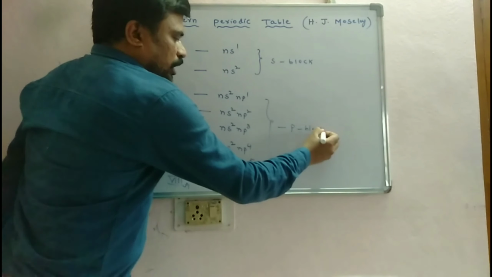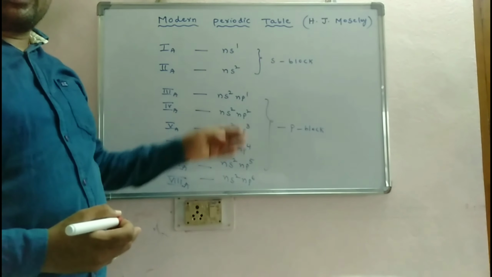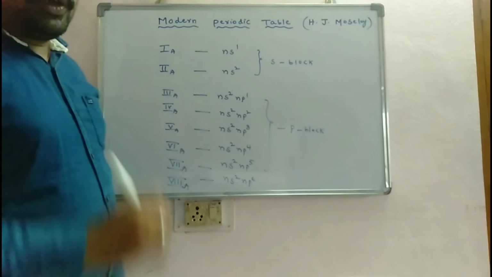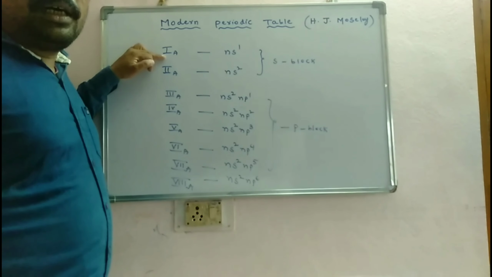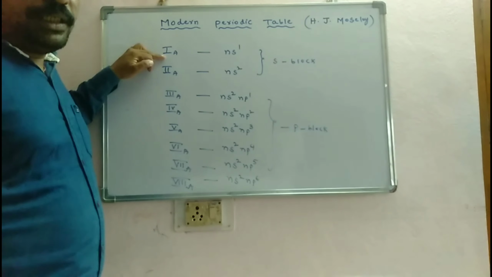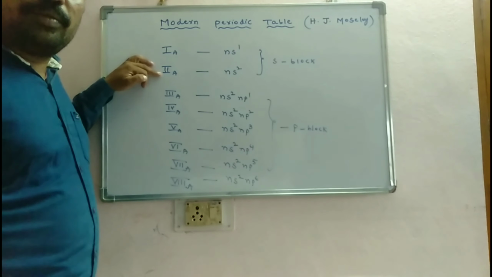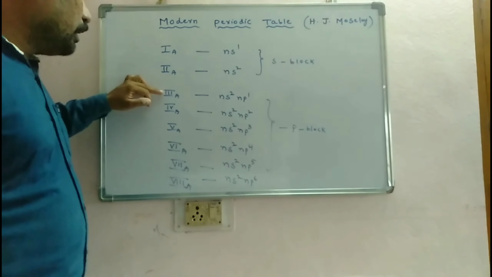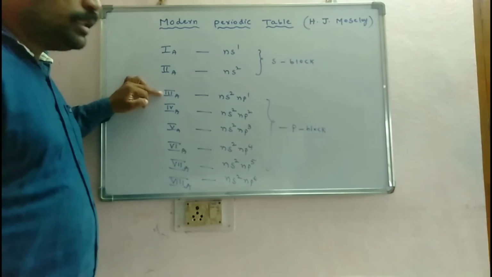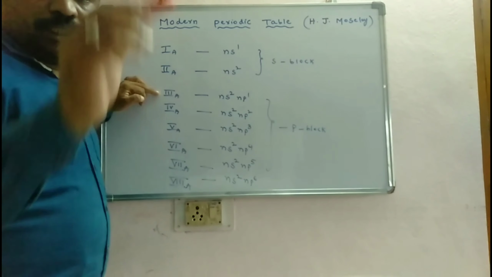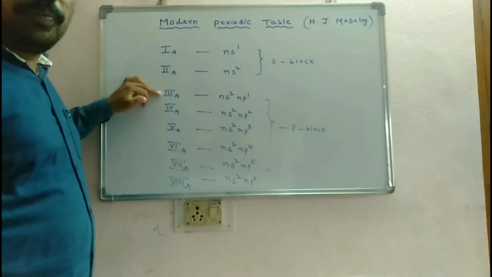So now we have seen the general electronic configuration for S block and P block elements. Now one more important thing: the 1A group elements are called alkali metal family, and the 2A group elements are called alkaline earth metal family, right? And 3A group elements are called boron family. The reason is that the starting element of the 3A group is boron, hence it is called boron family.